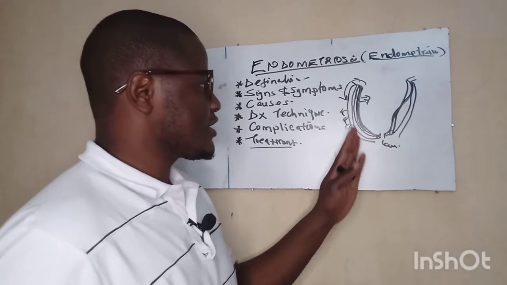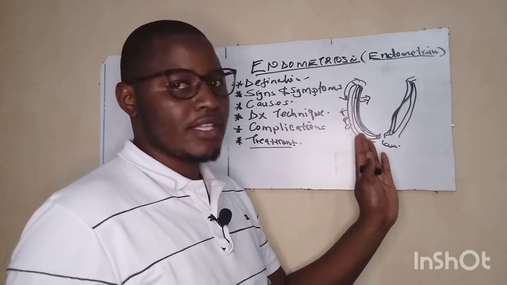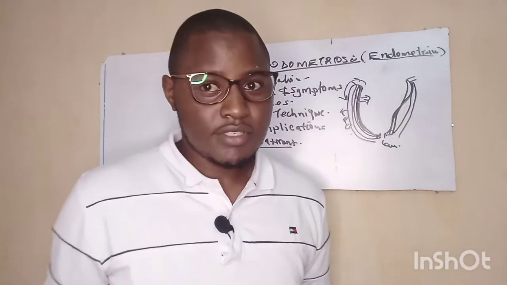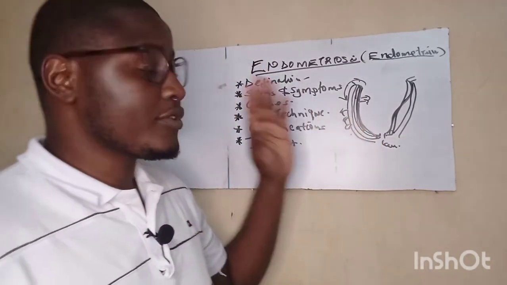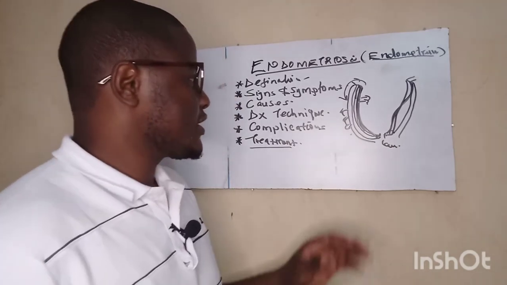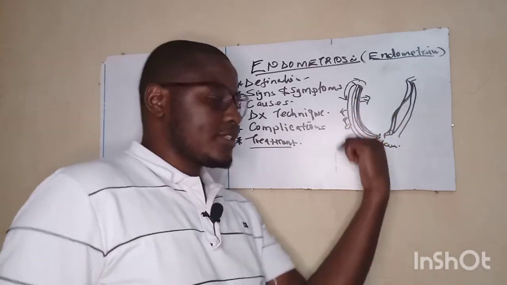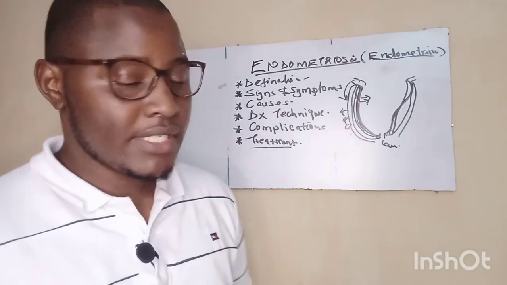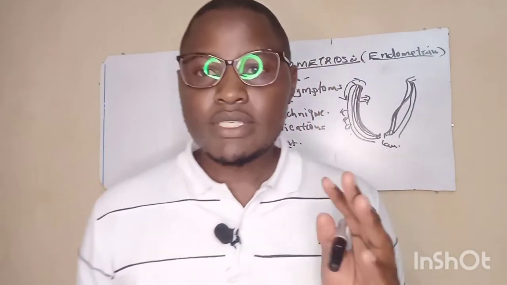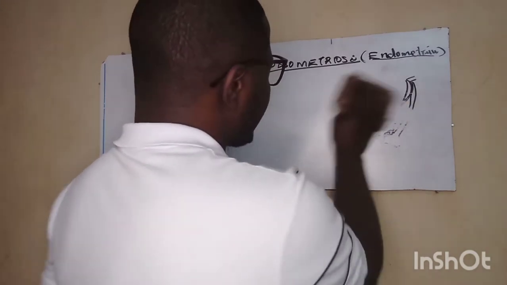In other words, when the inner layer of the endometrium is found outside, that is what we refer to as endometriosis. So anytime you go into the hospital and the doctor says that you are suffering from endometriosis, it simply means that the inner layer that is supposed to be inside has grown on the outer side. So that is basically what we mean by endometriosis.